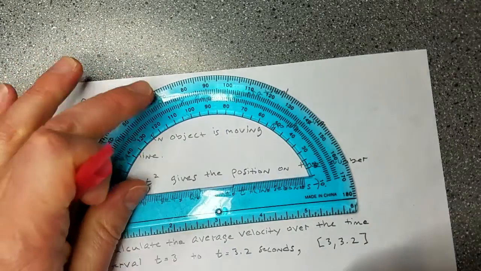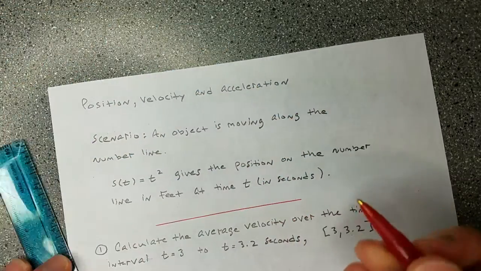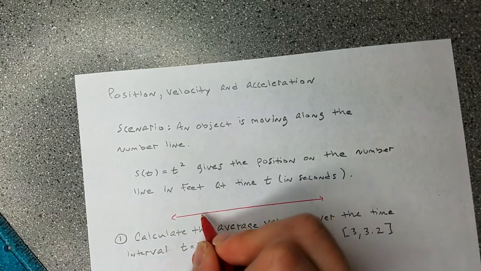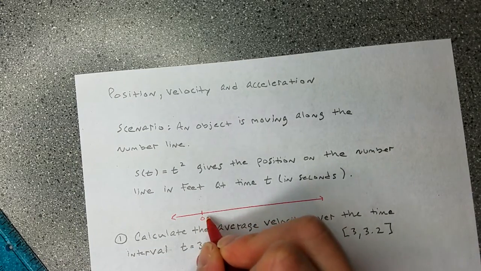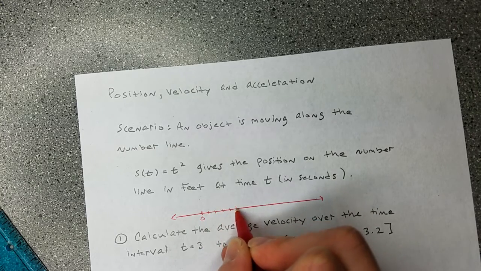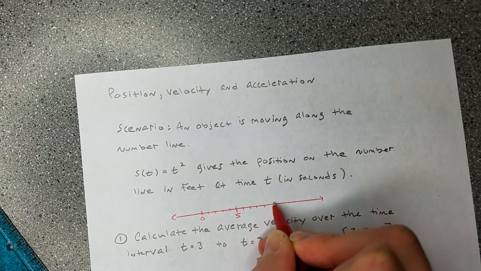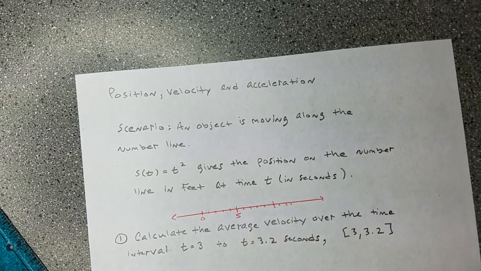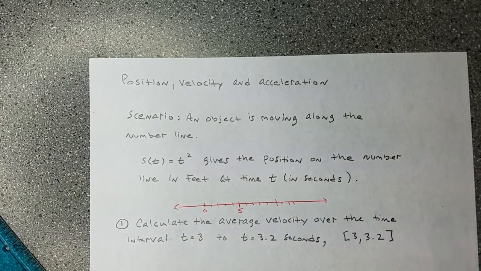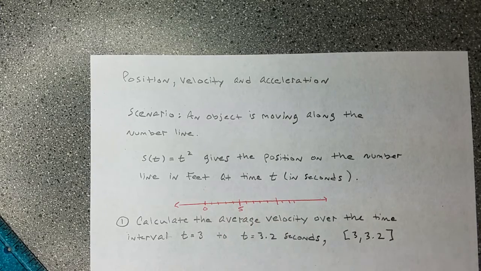Now, again, I said there's an object moving on the number line. So let's say here's the number line right here. And let's say that we've marked it off in feet. Like, so there's 0 feet, 1 feet, 2 feet, 3 feet, 4 feet, 5 feet, 6, 7, 8, 9, 10. You get the idea. So say we've got this straight line. It could be a track or a road or whatever you want. And we just marked it off every foot.